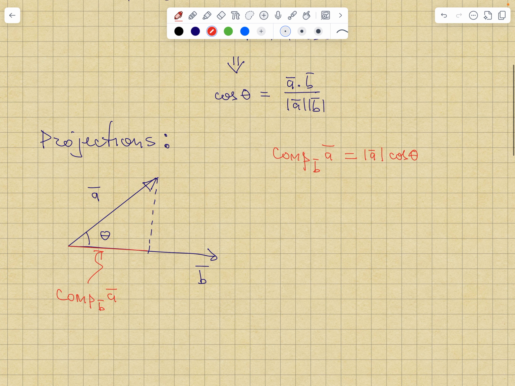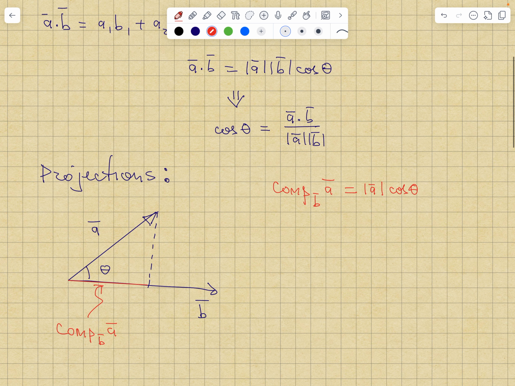But then if you look at the formula for the dot product, you see that essentially on the right hand side you see exactly the same thing as what you see here, except for the extra factor of the magnitude of B. So if I take this equation and divide both sides by the magnitude of B, I'm going to recover exactly what I need.